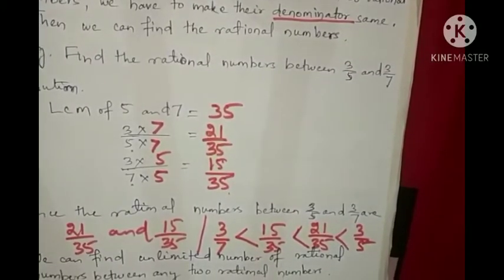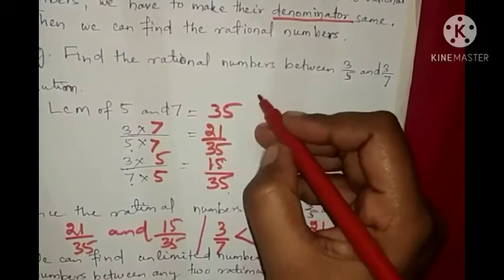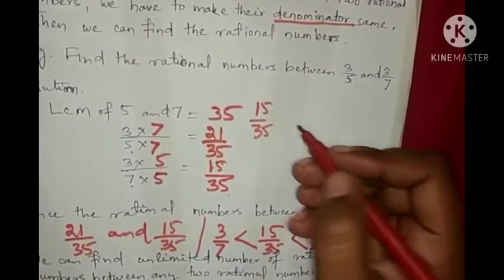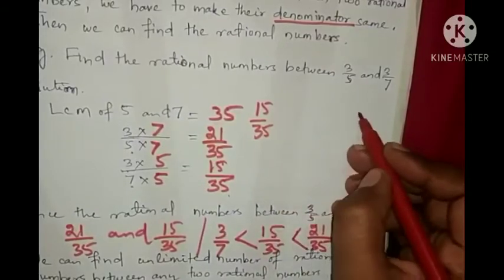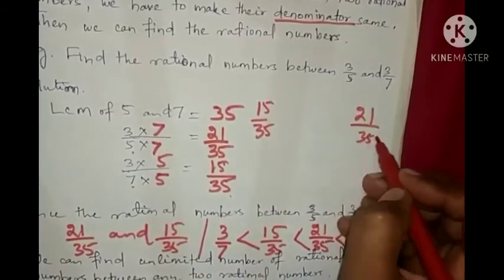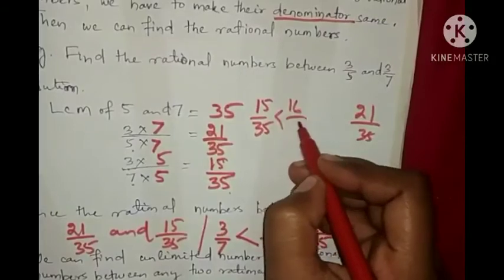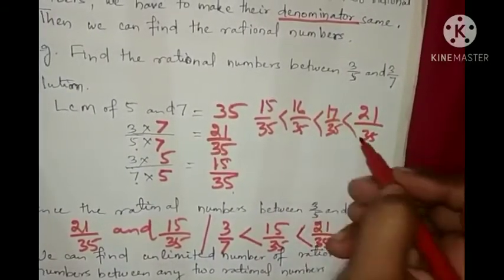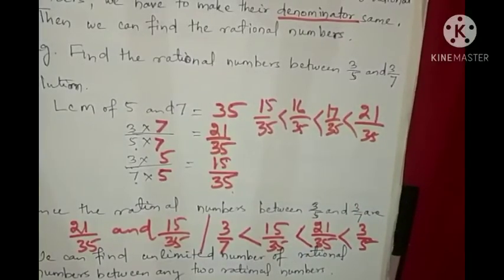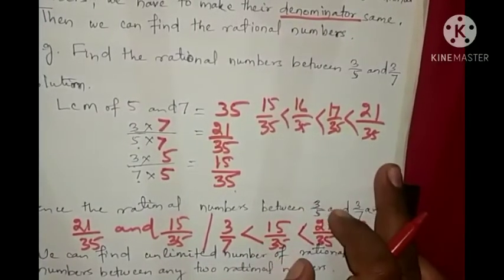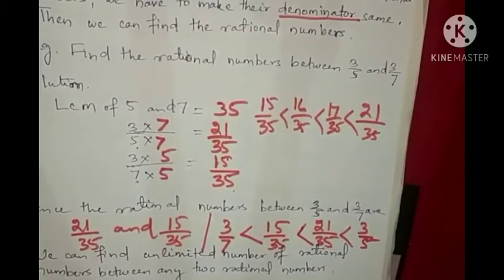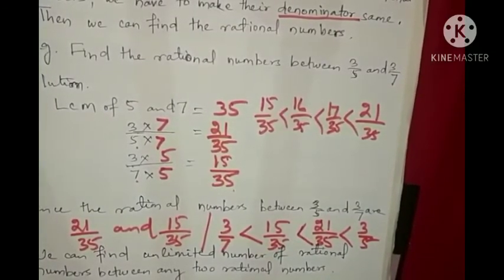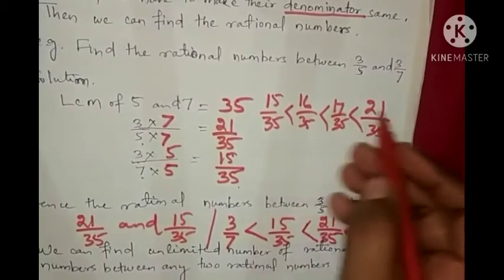Or you can write it as, look, 15 by 35 and there is 21 by 35. You can write 16 by 35, 17 by 35, 18 by 35, 19 by 35, 20 by 35, then 21 by 35. So you can find the rational numbers between rational numbers like this.